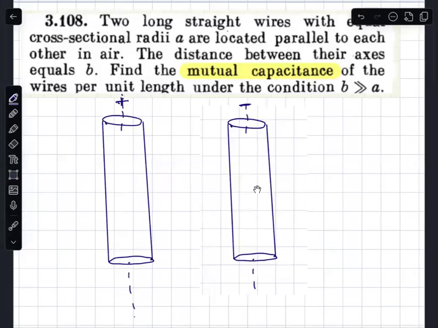You have given positive charge to one wire and negative charge to the other. That's how we start. That is the basic definition of a capacitor. Yes or no? We start with this definition. Right. May I ask you a question?